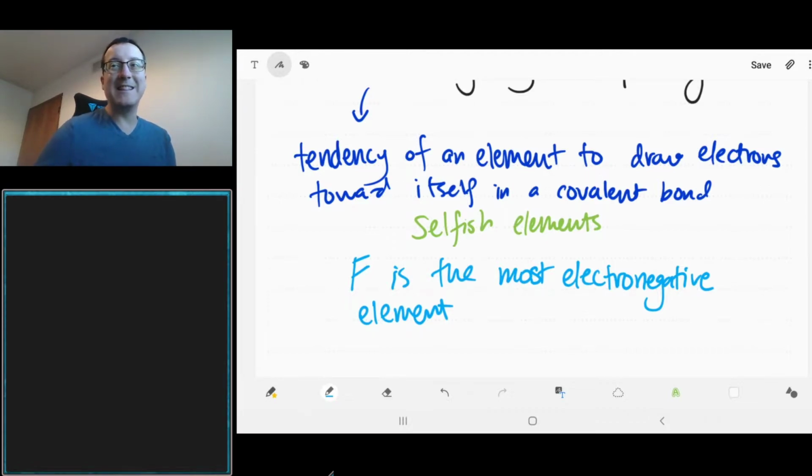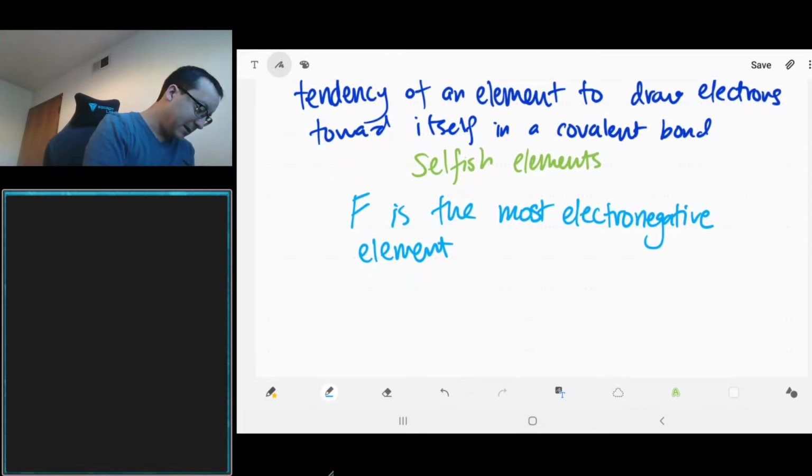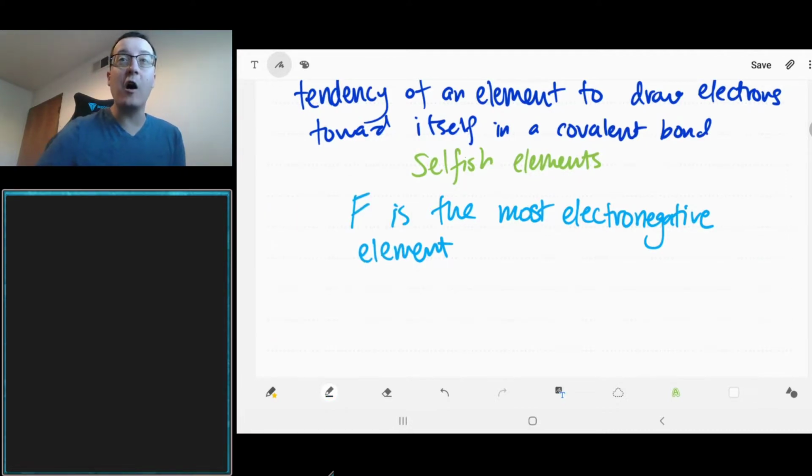We also saw that it was the least metallic element, and that it had the highest ionization energy. So we now have one more thing to say about fluorine. It is the most electronegative element, which means that it will try and kind of hog the electrons. So in a covalent bond, where they're sharing a pair of electrons, we're going to see that very often different elements may kind of pull them towards each other a little bit more unfairly.